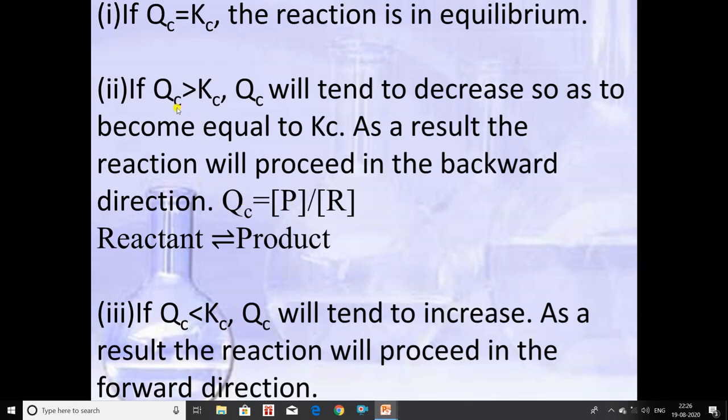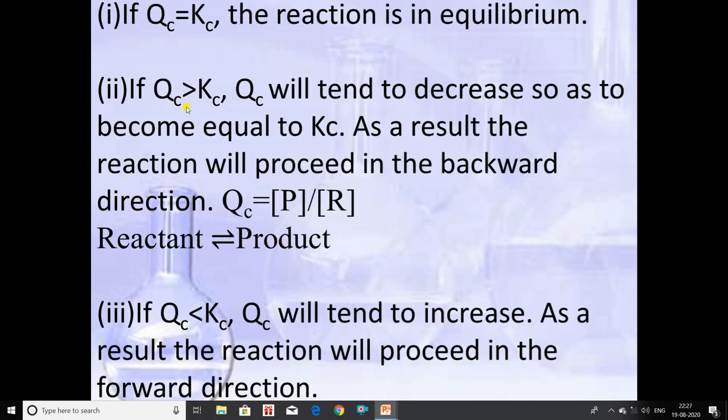Our aim is to decrease Qc so that it becomes equal to Kc. So we have to increase the concentration of reactant and decrease the concentration of product. Look at this equation: if the concentration of product is decreasing, that means the reaction will move in the backward direction.